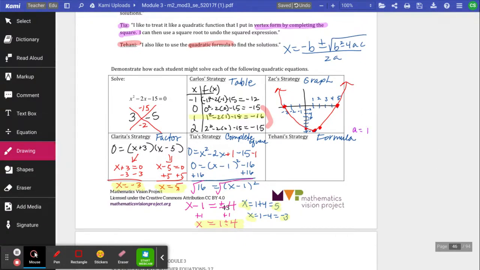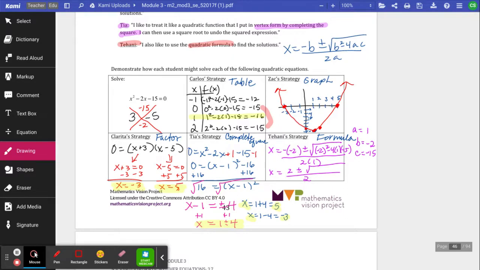A would be 1, B would be negative 2, and C would be negative 15. So I get a positive 2 in the front and a positive 2 on the bottom.